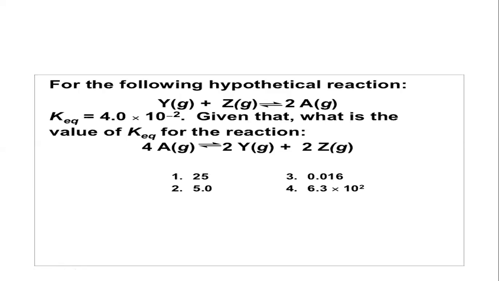Please, option 3. Option 3, 0.016. Who is talking? Salma. Salma, why do you choose option 3? I raised 4.0 times 10 to the power negative 2 to the power 2. Why did you do that?